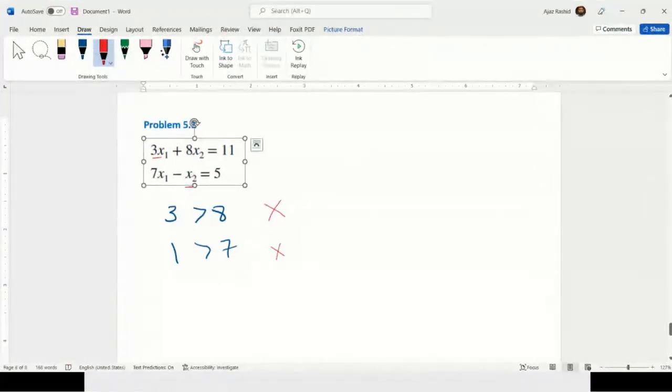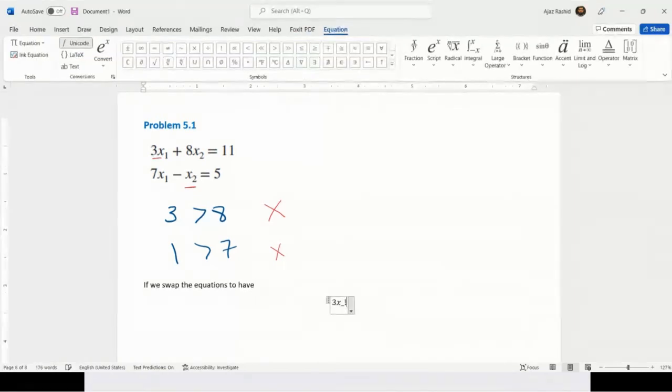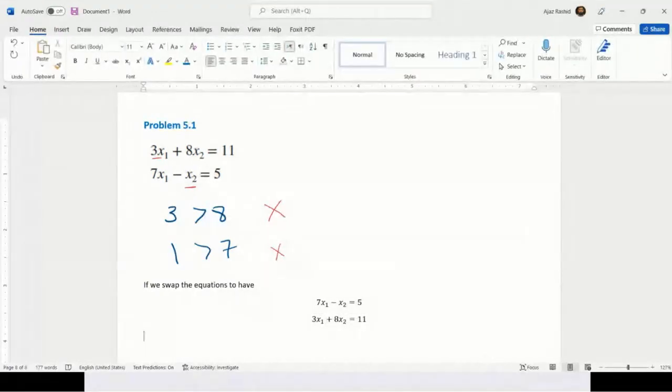So let me write it here: 7x1 minus x2 equals 5 and 3x1 plus 8x2 equals 11.